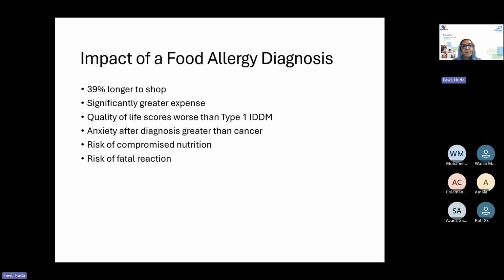There is risk of compromised nutrition, because if the milk is taken out, what else is in the diet? What have they put in the diet instead? If nuts or egg or fish and so on are taken out inappropriately, this will compromise the nutrition. And obviously there is a risk of a fatal reaction if the allergen is not known. Hence the importance of an appropriate diagnosis of food allergy.